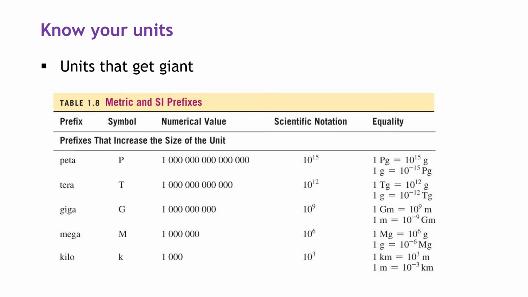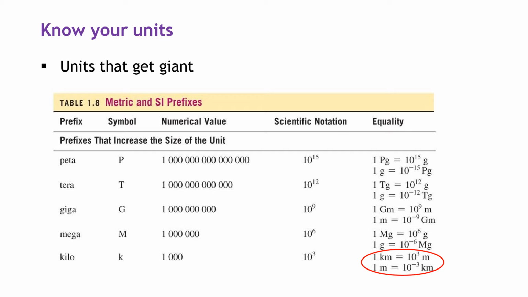On the flip side, we also have prefixes that do the opposite of making things get very small. We get things that actually increase the size of the unit. So I'm going to focus on the bottom here first, because I think you're probably more familiar with things like kilometers. 1 kilometer means, if we express it in terms of meters, that there are actually 10 to the 3rd meters in 1 kilometer.